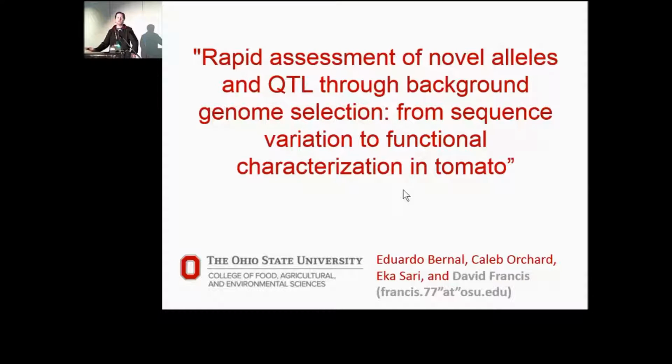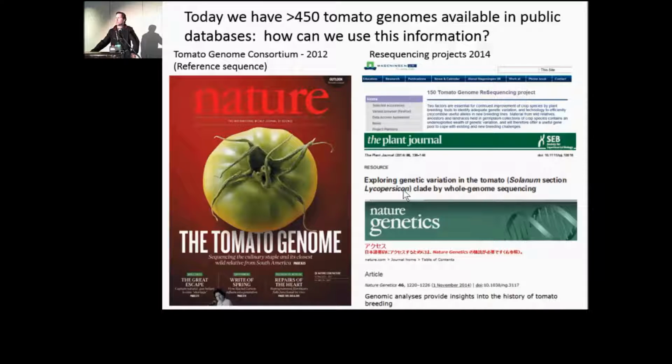So I think that's the next thing I need to tell you is that my group works on tomato, both from a practical point. We do create inbred lines that we license to industry. We occasionally release hybrids. So we have a very practical bent to what we do.